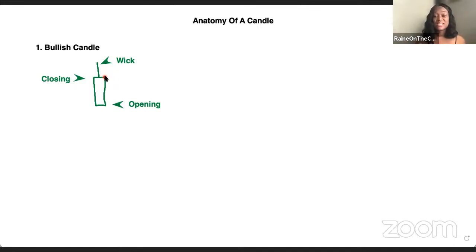So within that hour, it would have opened at the base and it could have traveled all the way up, but at the conclusion of the hour, price closed here. So the body of the candle is going to be what's final, but the wick is going to tell a story of how far up or down price had traveled within that hour. Everybody understand that?